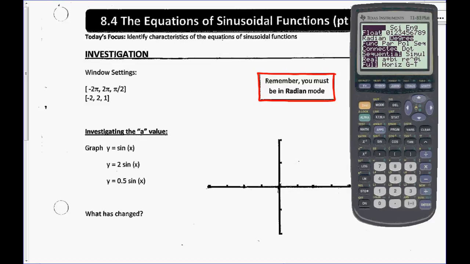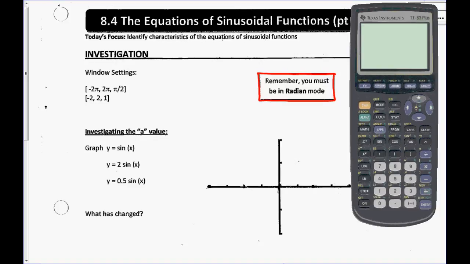Right now, degree mode is the one in dark, so that means my calculator is calculating in degrees. I need it in radians to do questions that have to do with sine, cosine, and tangent, so I just toggle down to it, and once it's flashing radian, I just hit enter, and then it makes radian mode highlighted.